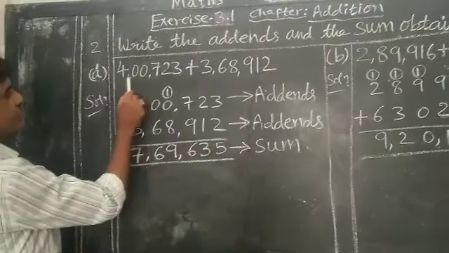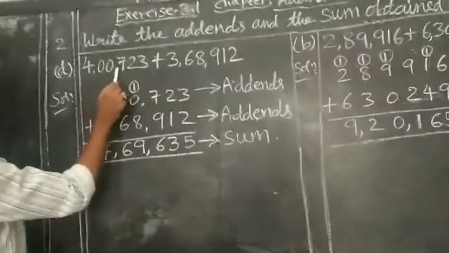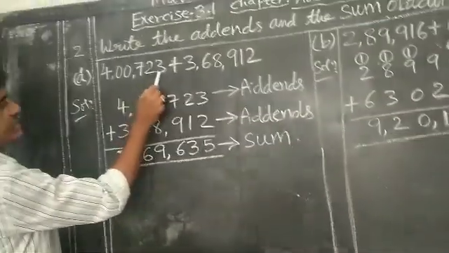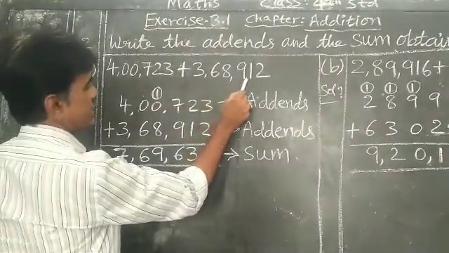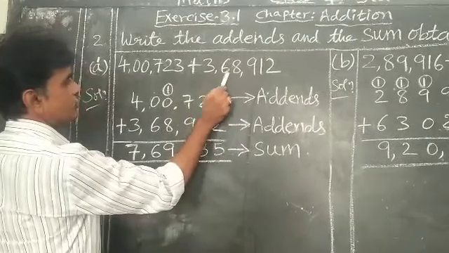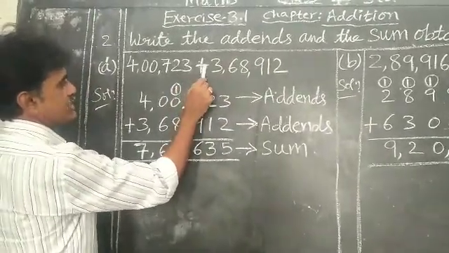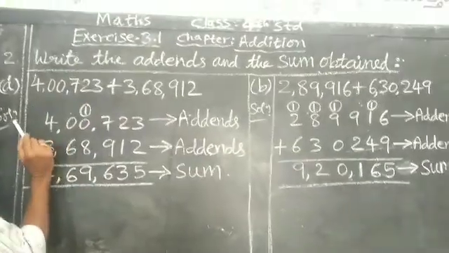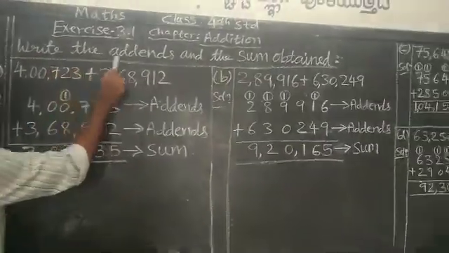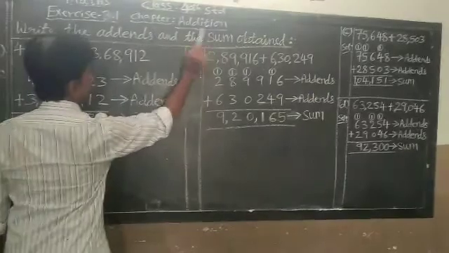What are the numbers here? 4,723 plus 3,68,912. These are the two numbers, and in between there is a plus sign. It means you have to add these two numbers, and you have to write the addends and the sum.